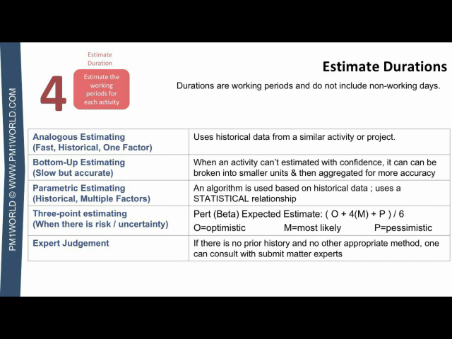Now, what about if there's a fair amount of risk in the work? Well, the accuracy of estimation can be improved by considering risk and uncertainty. You can use a three-point estimate. The most typical three-point estimation method is known as the PERT estimate, also known as a beta estimate.